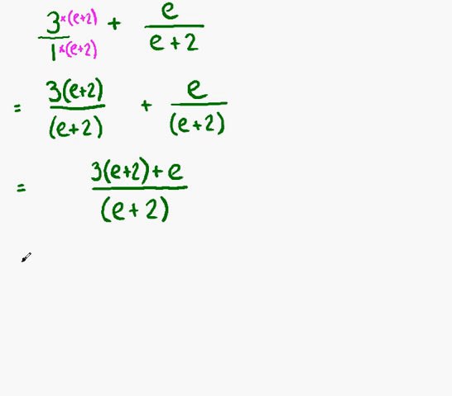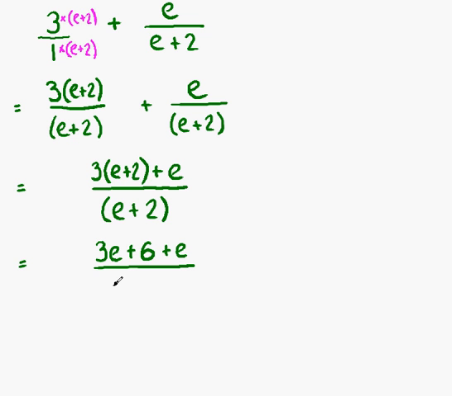Can we simplify? Well, what we'll do first of all is multiply out this bracket, and hopefully we'll get some like terms which we can collect together. 3 times e gives us 3e, and 3 times plus 2 is plus 6. We still have our extra e on the end.